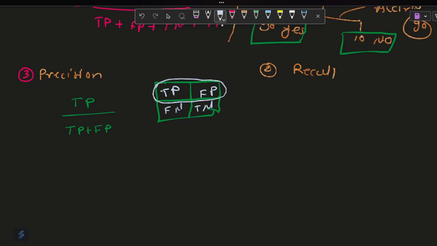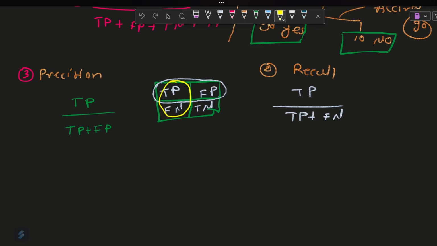And similarly, for the recall formula, it is the two positive divided by two positive plus one negative. It means you focus on that point. So understanding that simple concept is a very interesting thing.